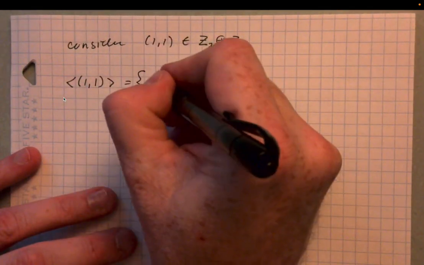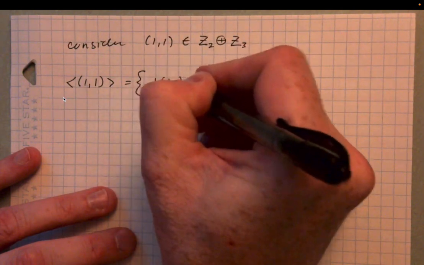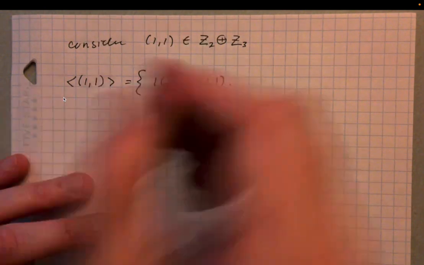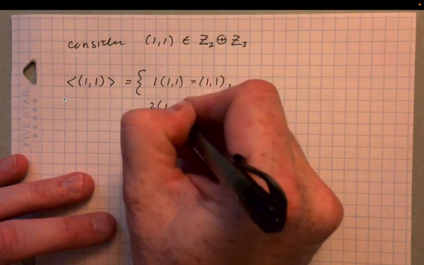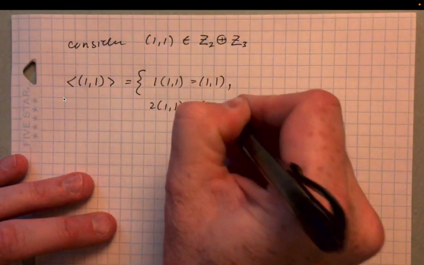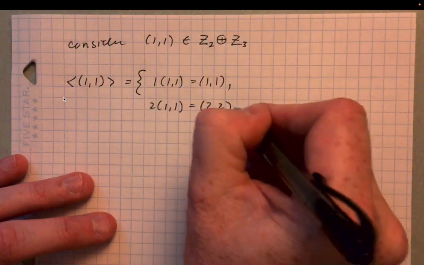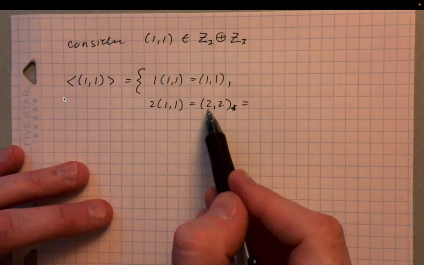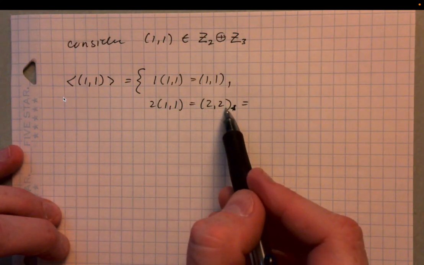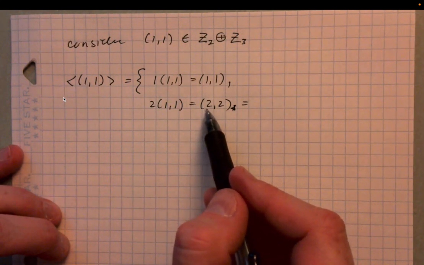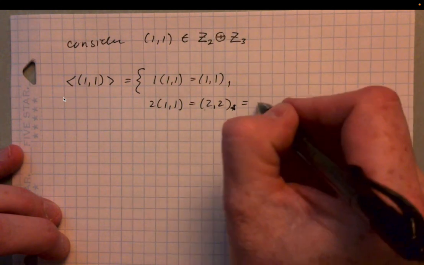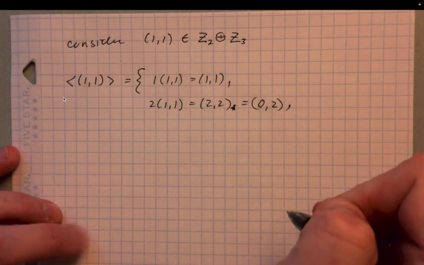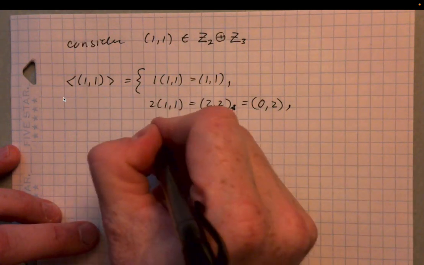First of all, 1 times 1, 1 is just 1, 1. What about 2 times 1, 1? Well, that gives us 2, 2. Remember the first component is mod 2, the second component is mod 3. So this is actually 0, 2. What about 3 times 1, 1?